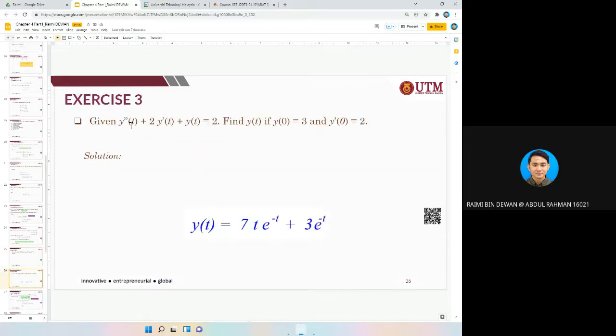You can try this exercise: y double prime, d squared y over dt squared, plus 2 dy/dt plus y(t), given these initial conditions. Try to solve it, and hopefully you can get this value.